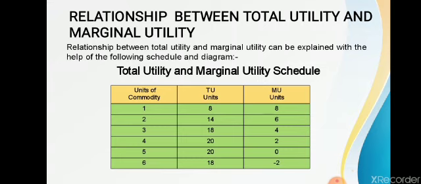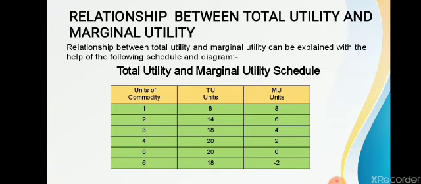So let us first come to the total utility and marginal utility schedule. In this schedule there are three columns. First column indicates the units of commodity, second column indicates the total utility, and the third column indicates the marginal utility.